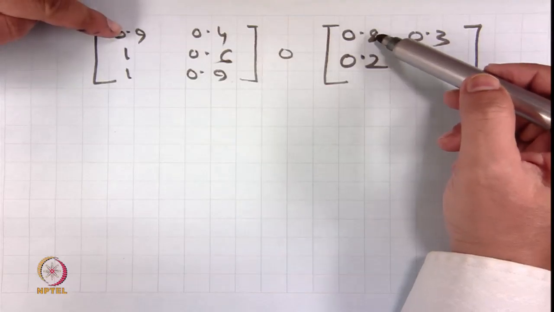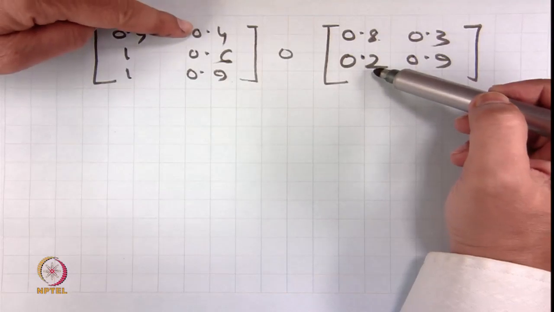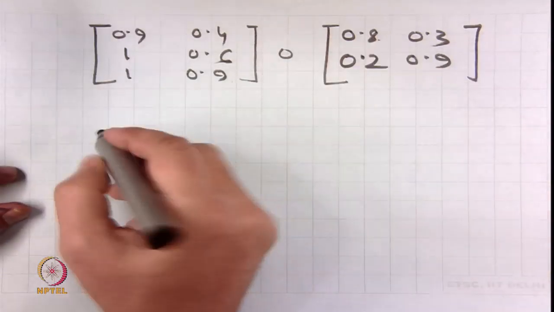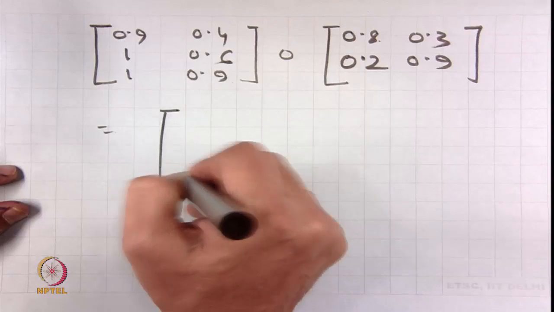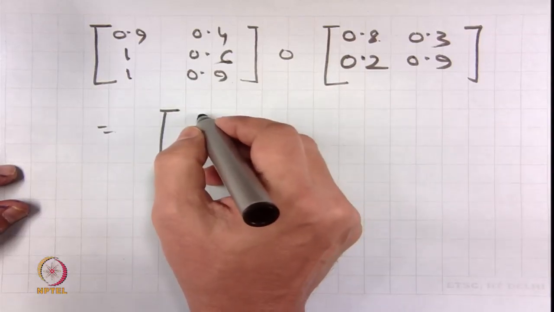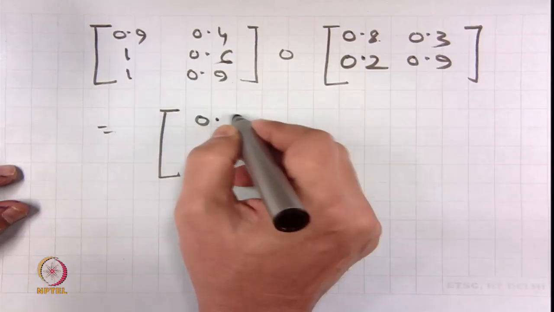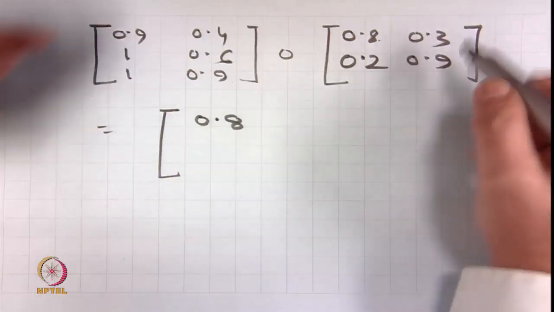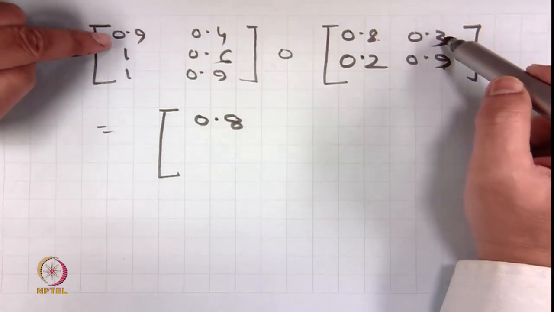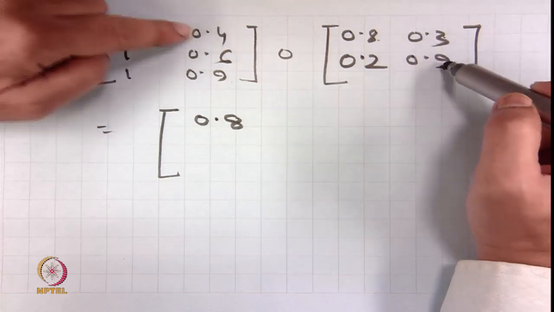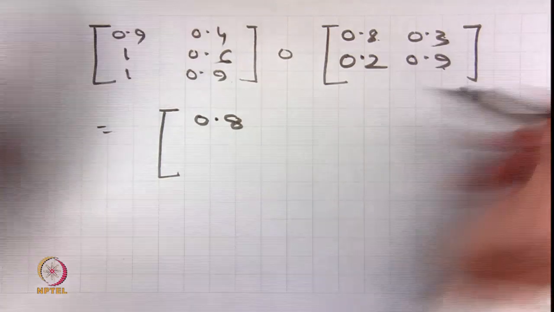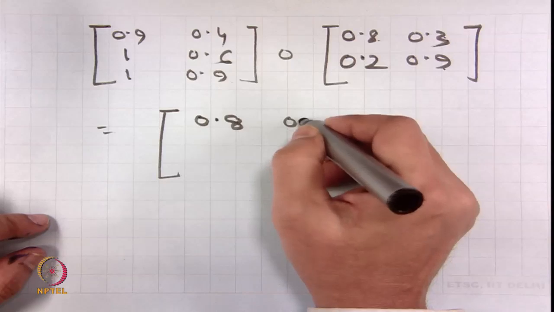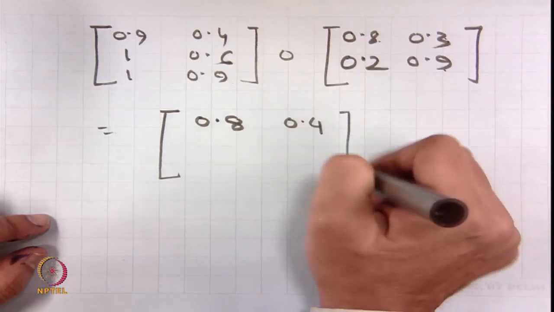So, we take this pair, their minimum is 0.8, we take this pair, their minimum is 0.2 and so if we take the maximum of that, we get 0.8. In a similar way, minimum of these two is 0.3 and minimum of these two is 0.4. So, if we take the maximum of that, we get 0.4.